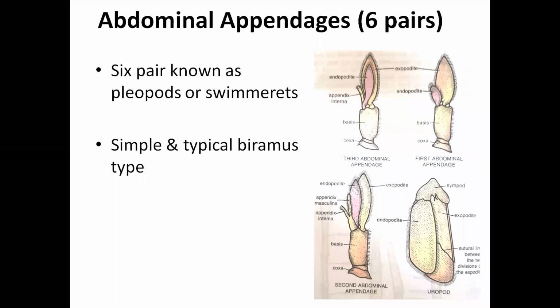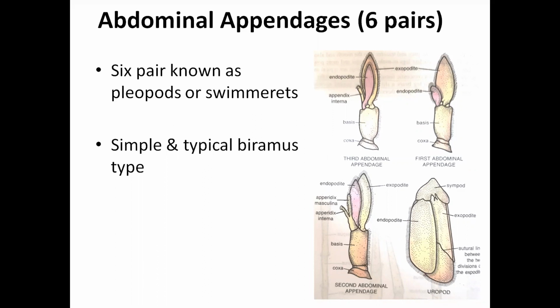We will take that when we discuss the different morphological features which have taxonomic value. Features which have taxonomic value means those characters or morphological features on the basis of which we can differentiate the species.